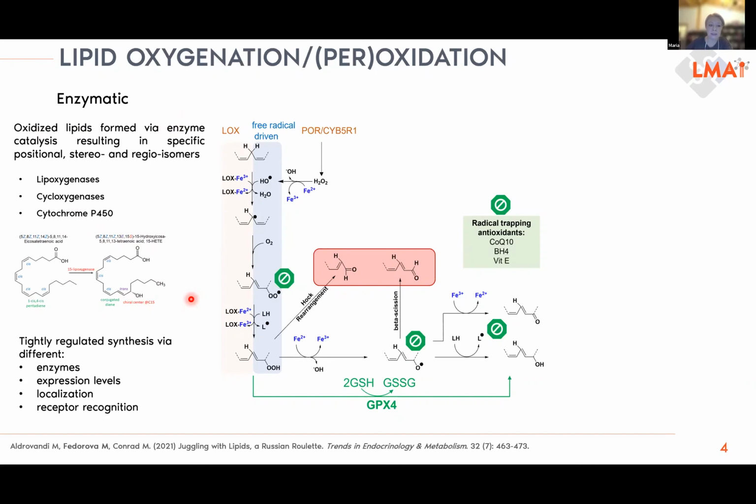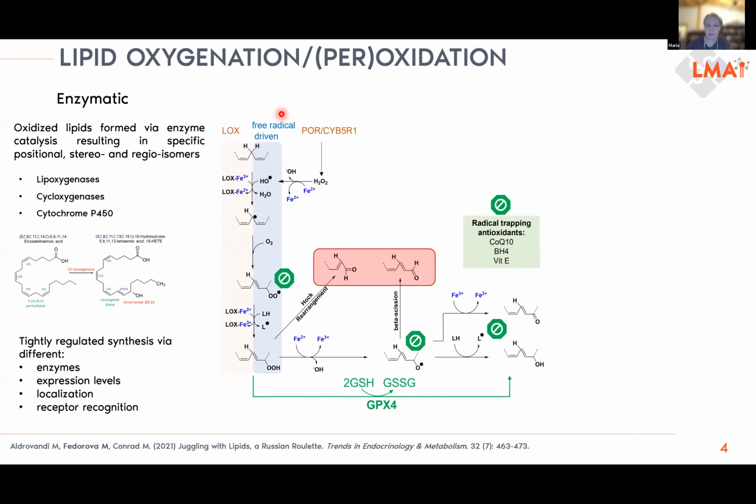Those processes are tightly regulated by the expression of certain enzymes. So the expression levels in different tissue and cell types, their localization, and the products are usually recognized by specific receptors. The free radical-driven peroxidation used to be considered as something very unspecific and non-regulated.